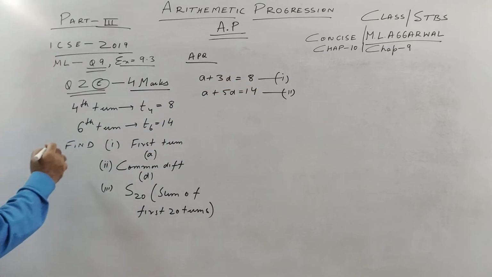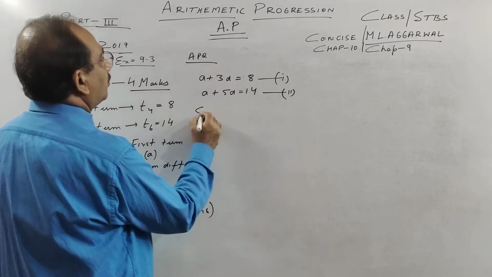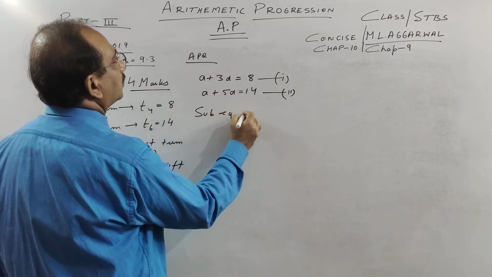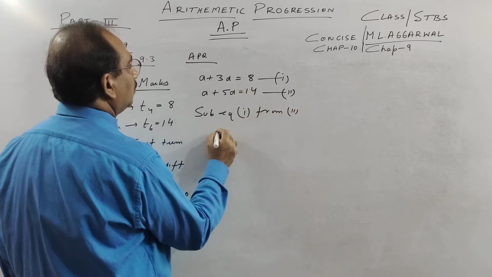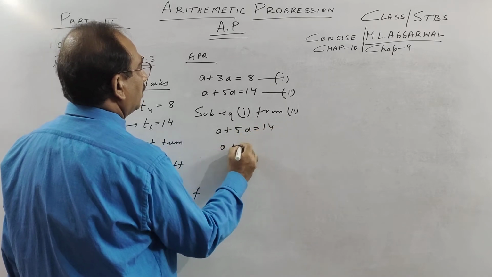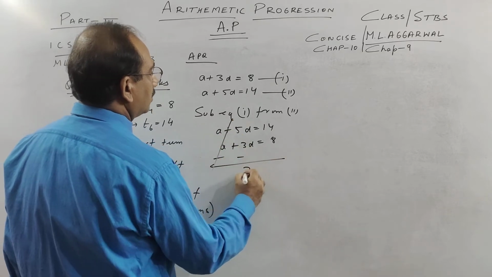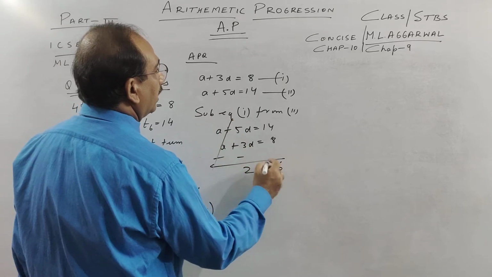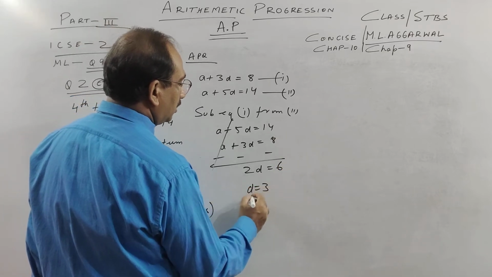So let us get a and d from here. Subtracting equation 1 from 2, I've told you before, because 2 has a bigger value. A plus 3d is 8. We subtract, this cancels, 2d we get as 6. So d is 3, children.